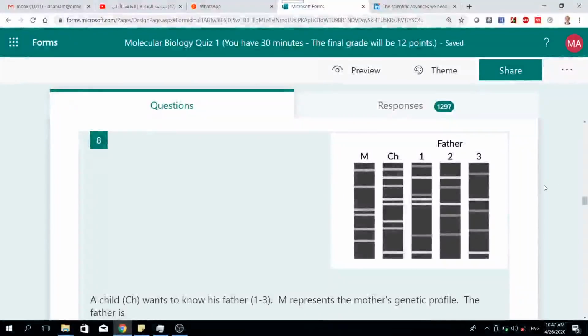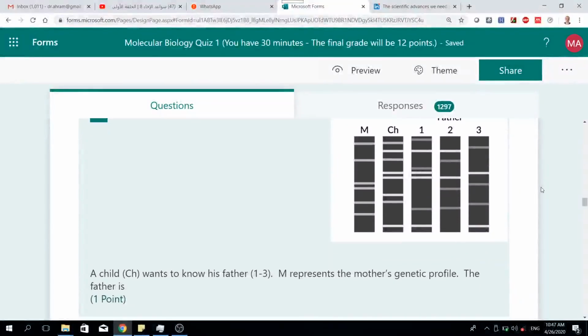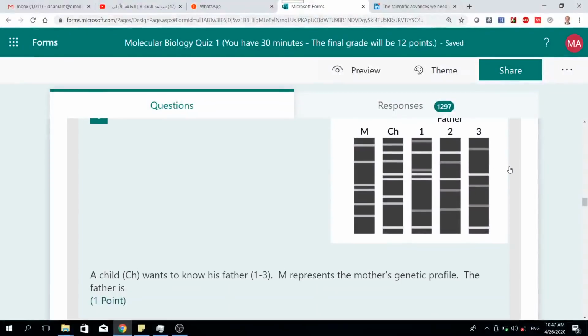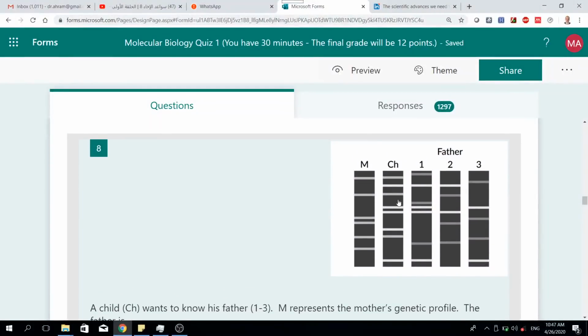Okay, so this question right here: a child wants to know his real father. So that's the genetic profile. Again, we need to match things. Here we have these DNA fragments in the child. This DNA fragment matches this from the mother. This DNA fragment matches this and that, individuals 1 and 2, men 1 and 2.